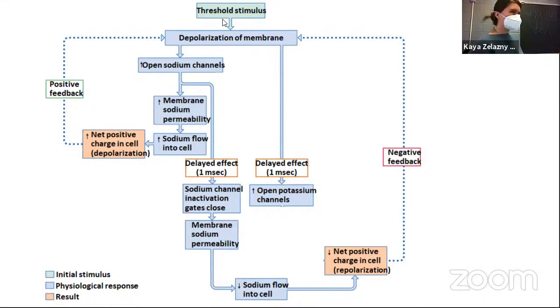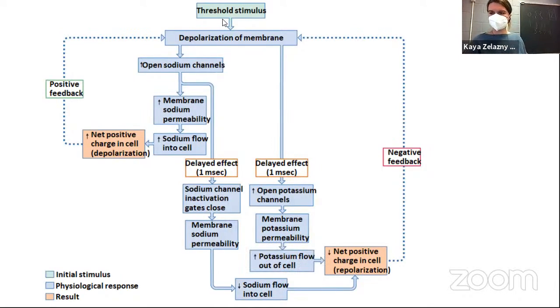But once those sodium channels are starting to close, that's when our potassium channels are waking up and opening up. We see that increase in open potassium channels, which means we have an increase in membrane potassium permeability. Okay. Those two concepts should always mean the same thing. Basically, when we have open channels, we're more permeable to whatever the channel is for.